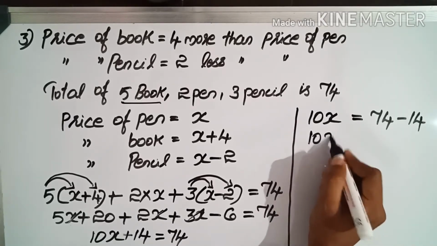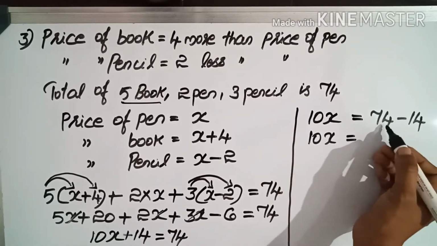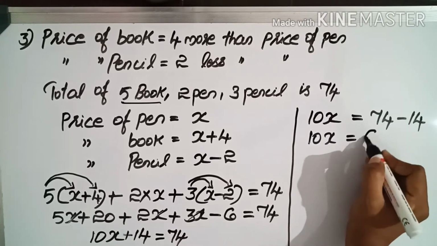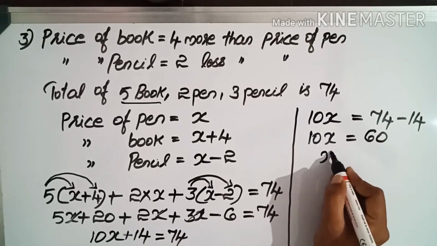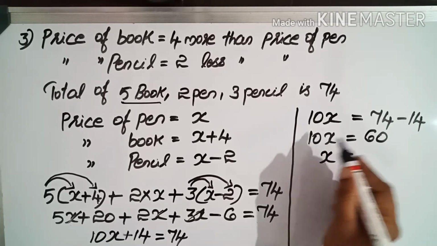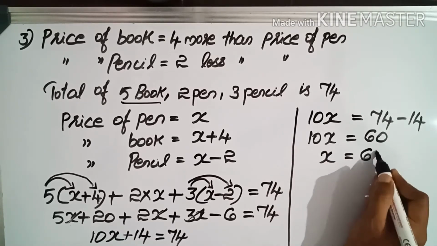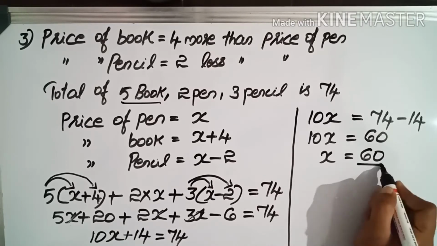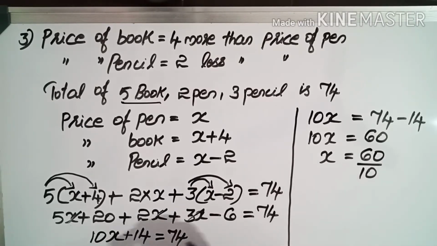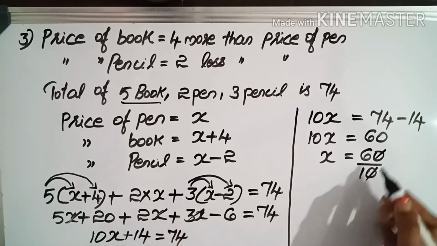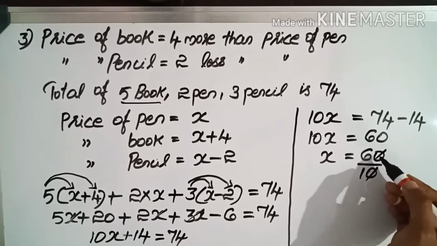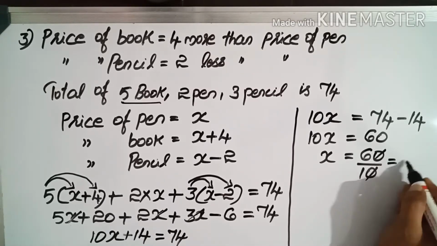So 10x equal to 74 minus 14, answer is what? 60. Now in the next step, keep x here, take this 10 to this side. So 10 comes to this side, it will be divided by 10. So here these two zeros we can cancel, because common number. 60 by 10, answer is what?